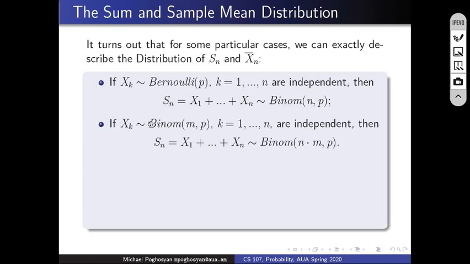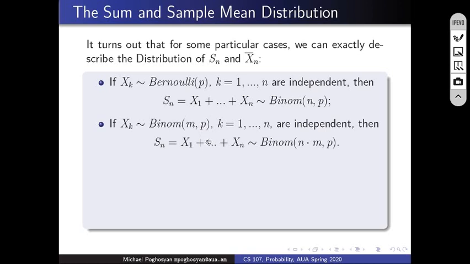Okay, if Xk's are binomial with parameters m, p each and they are independent, then their sum will be binomial with parameters n times m and p, probability is p. You can think like what is X1 showing? X1 is showing m times repetition of some experiment with success probability p, independent.